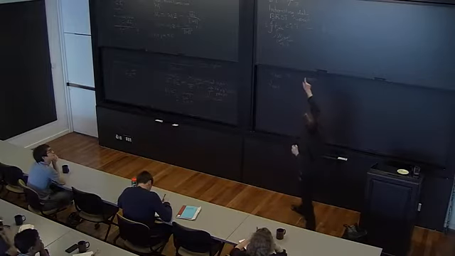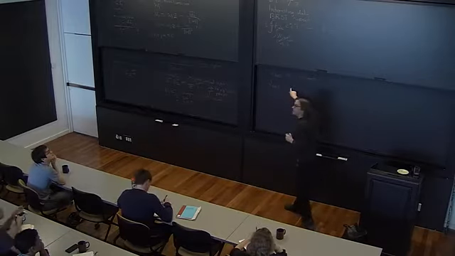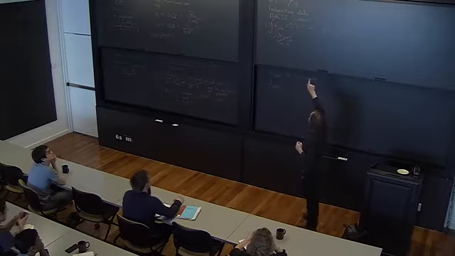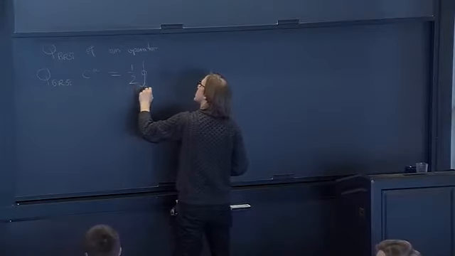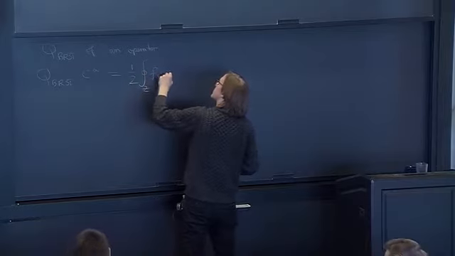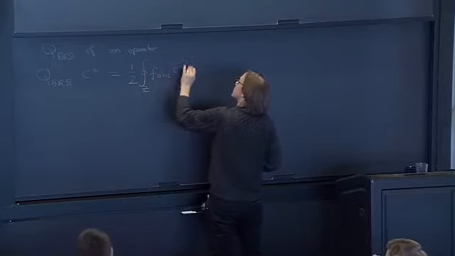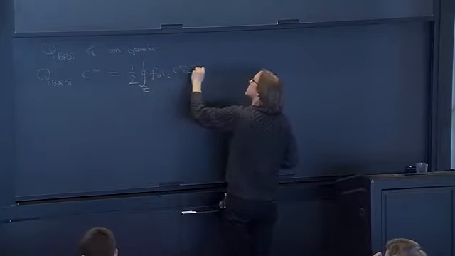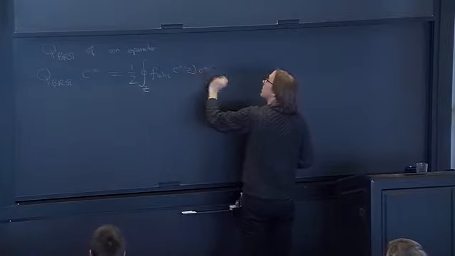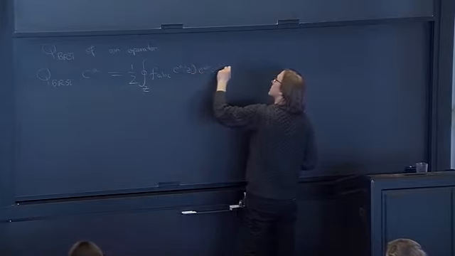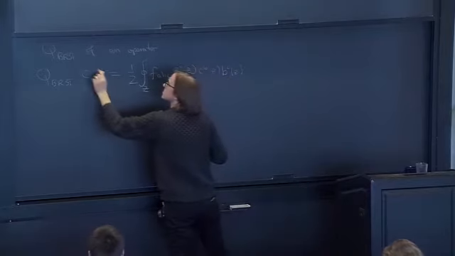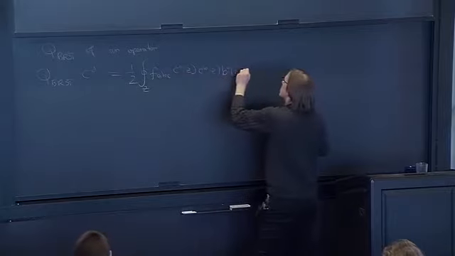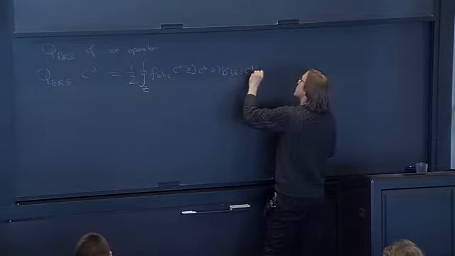We look at this formula and we notice C contracts only with B. So only the first term will contribute. So it's half integral over z of f_ABC C^A(z) C^B C^C(z) C^D(0).